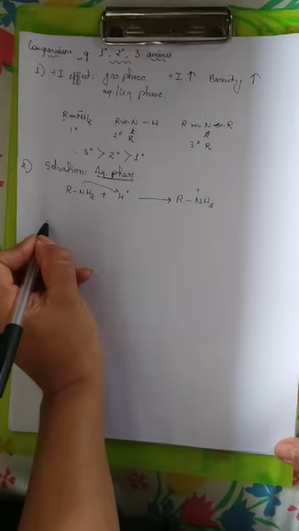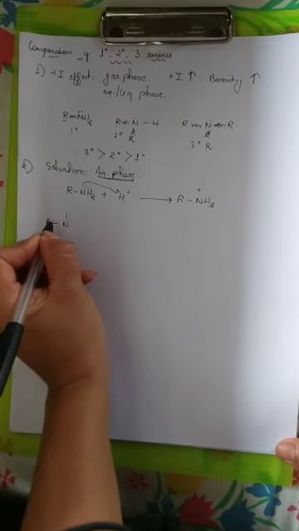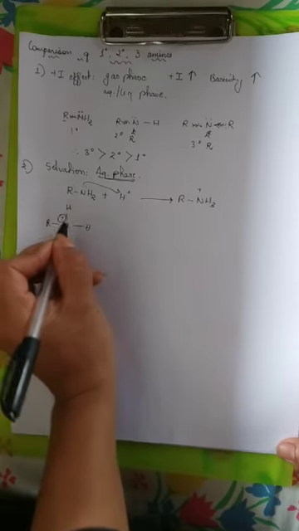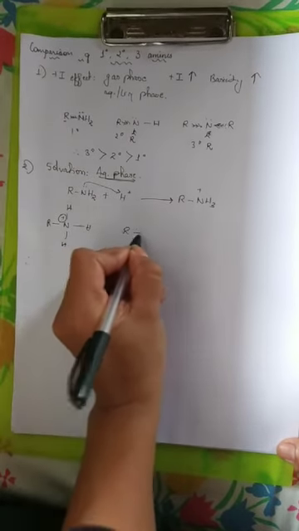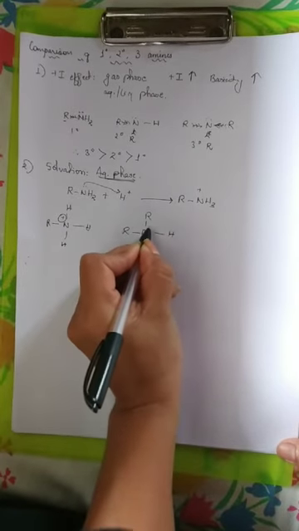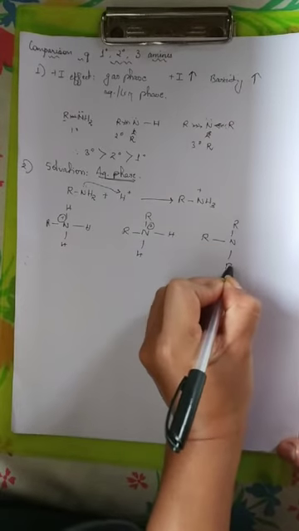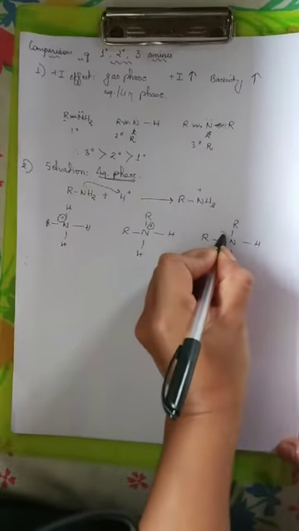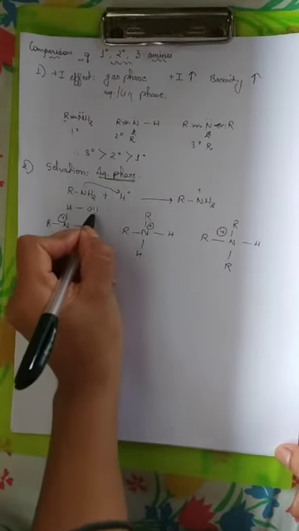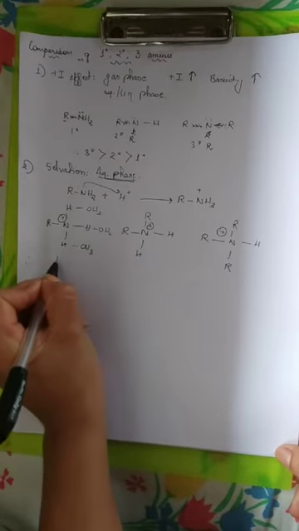Now consider the cation of a primary amine. This is the primary cation, this is our secondary cation, and this is our tertiary cation. In the primary cation, three water molecules can be attached.